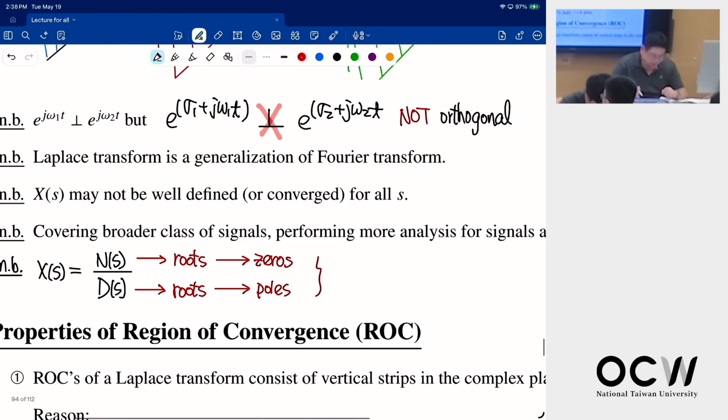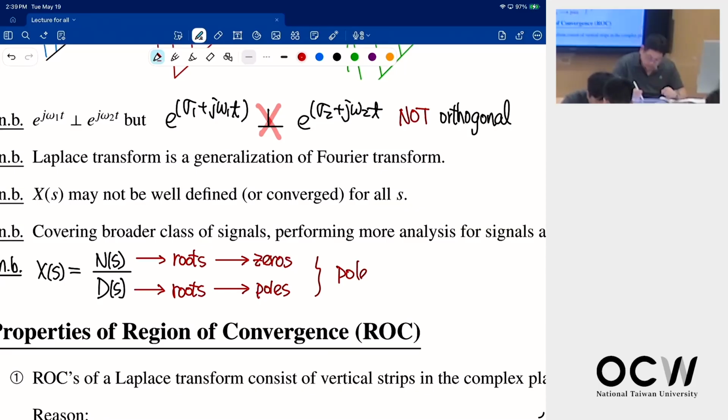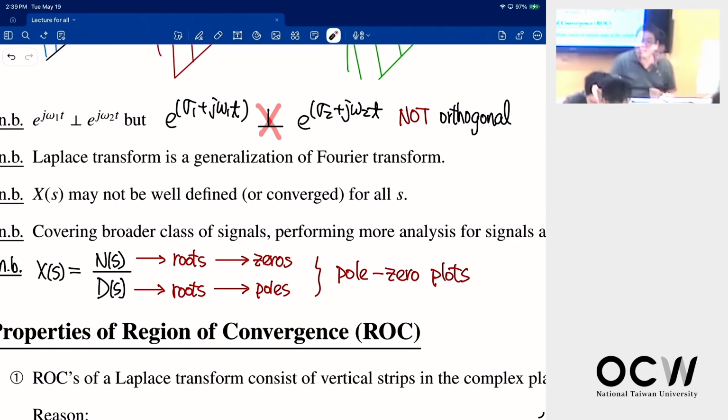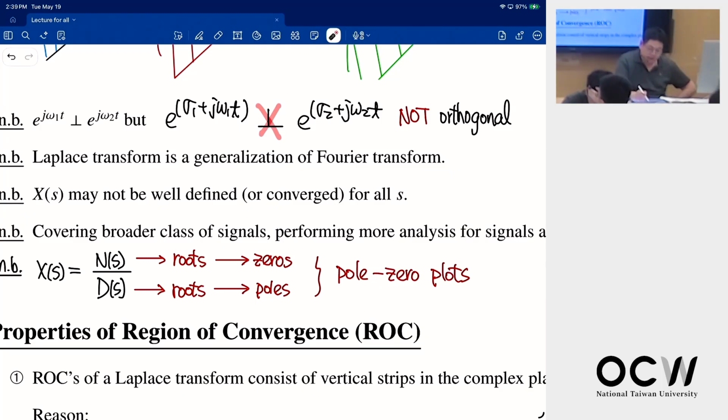So later on, we can have a pole-zero plot, which the Fourier transform cannot do. And also the Laplace transform may converge in some region of the s-plane, but the Fourier transform cannot do that.